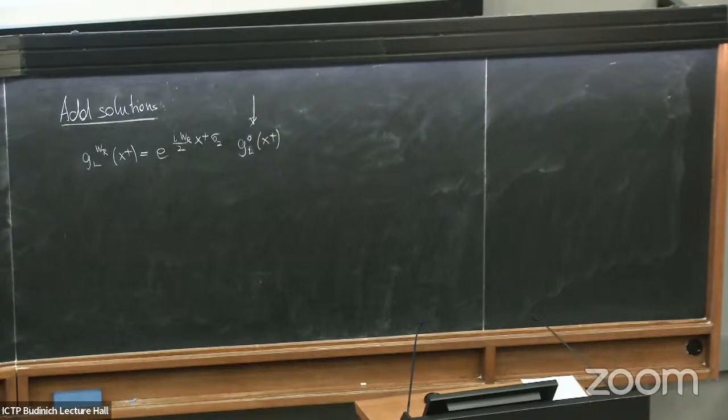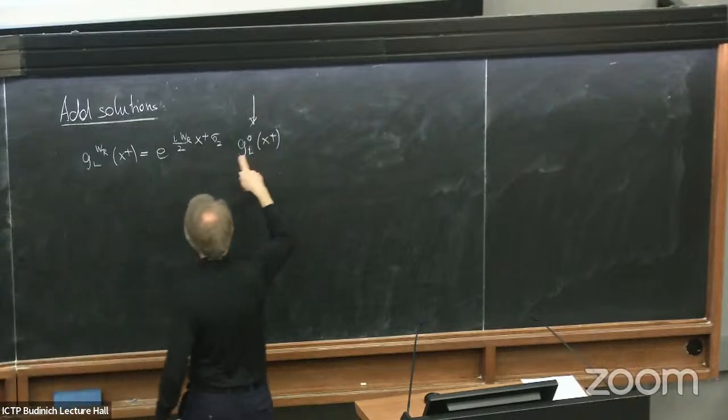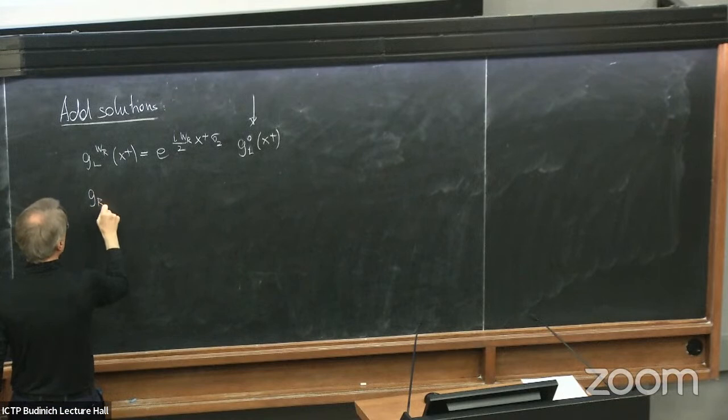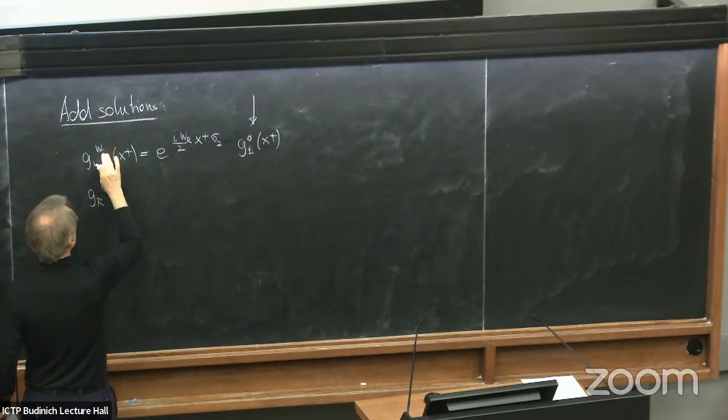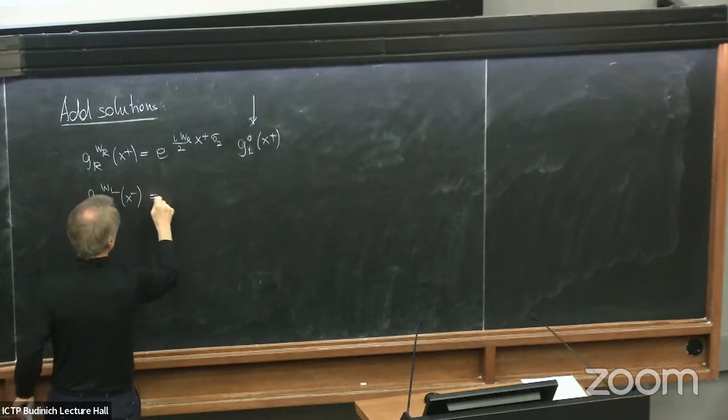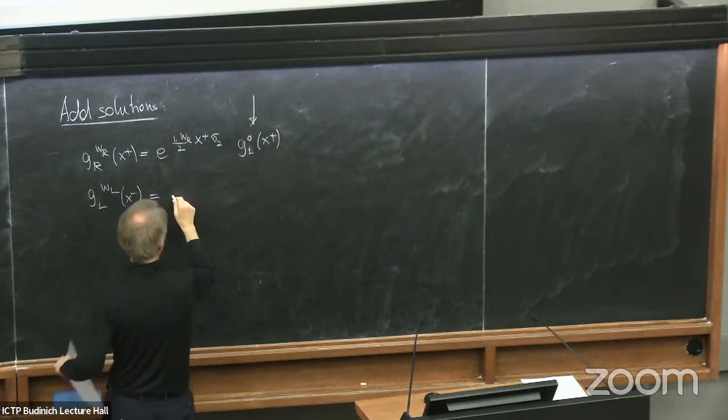And now the new solutions: I take an old solution of this kind and I multiply G left WR by this factor, and G right, sorry, this is actually an R, and then this is an L of X minus. What you do there is you multiply it from the other side.